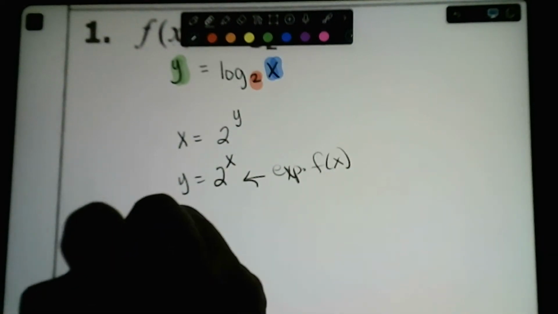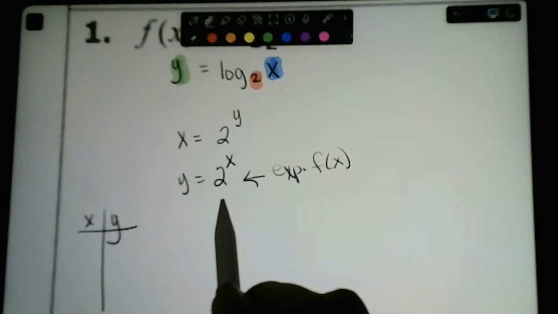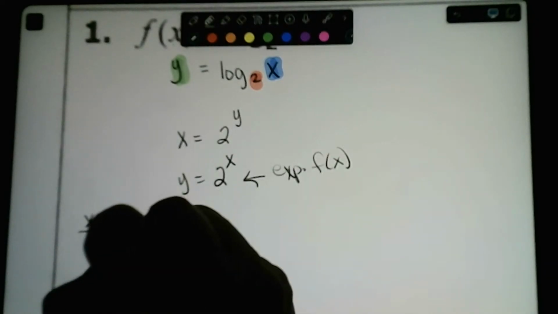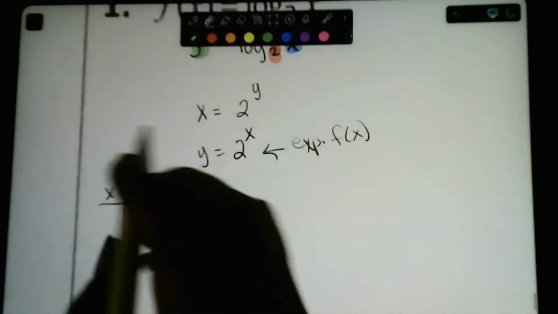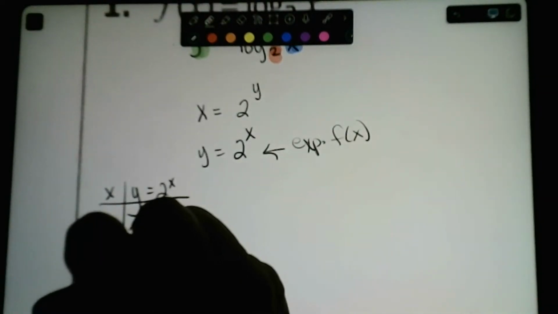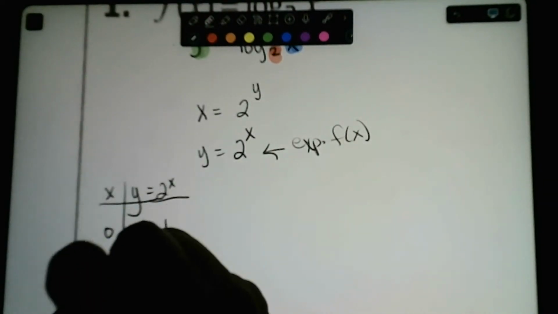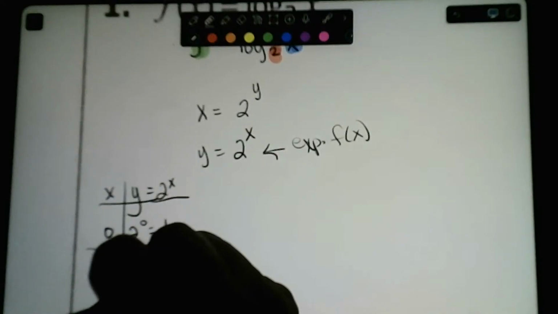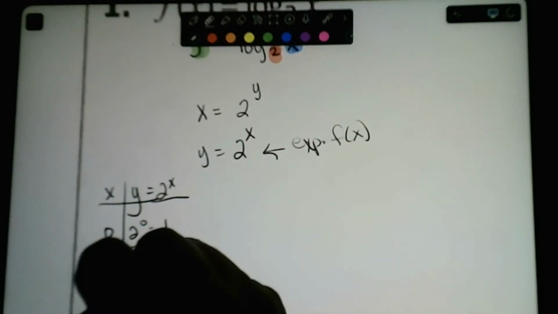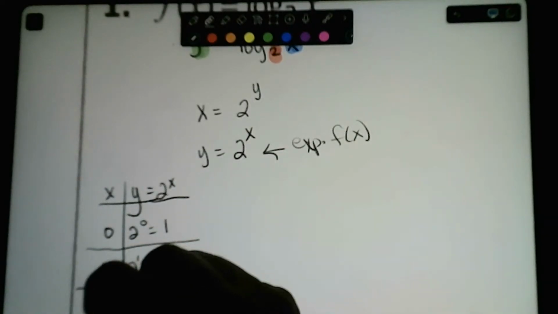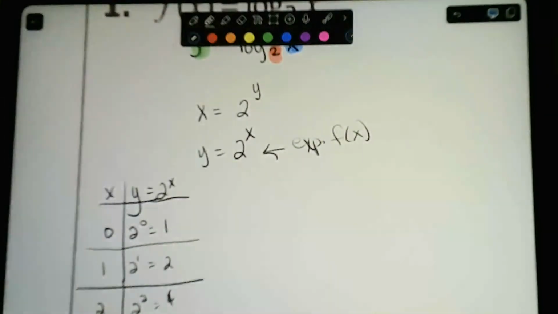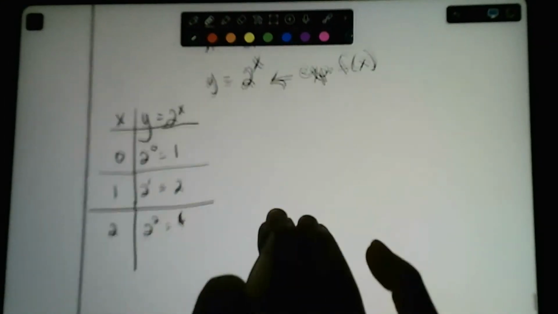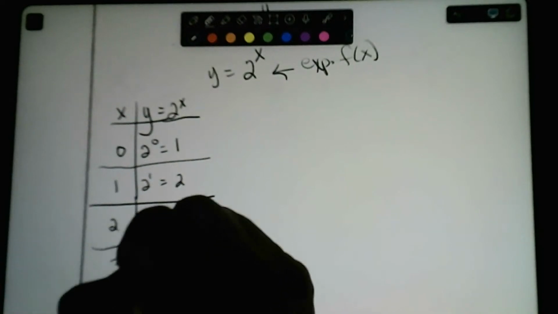So I'm going to grab some coordinates, some values for this exponential function that is the inverse of that log function up there. So this is now 2 to the 0 or 1. This is 2 to the 1. This is 2 to the 2. This is 2 to the 3.